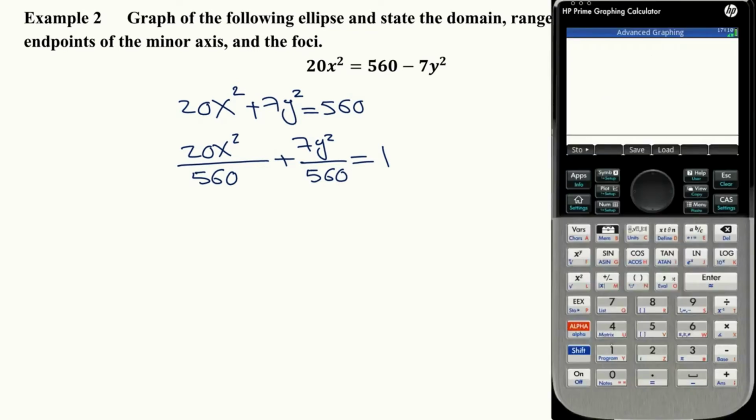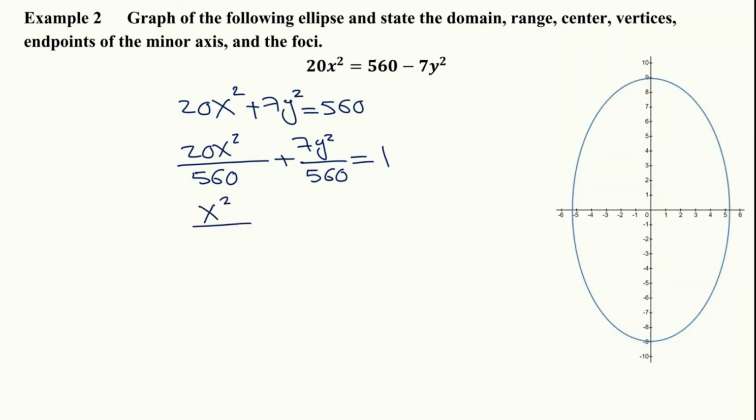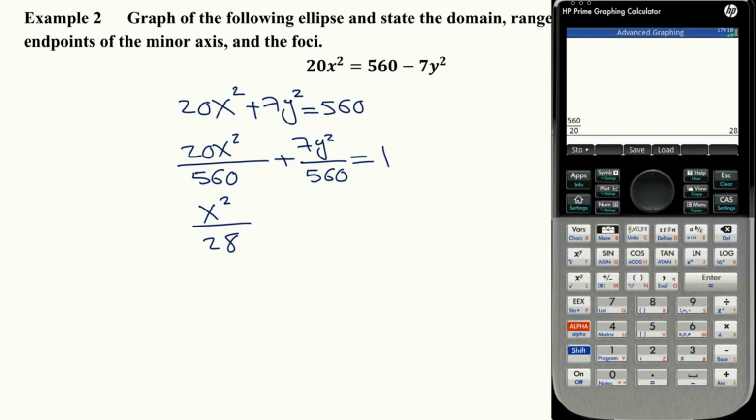All right, so let's see if 20 goes into 560. So we divide 560 by 20. We get 28. So we can cross cancel, and we get x squared over 28. And now we'll see if 7 goes into 560.